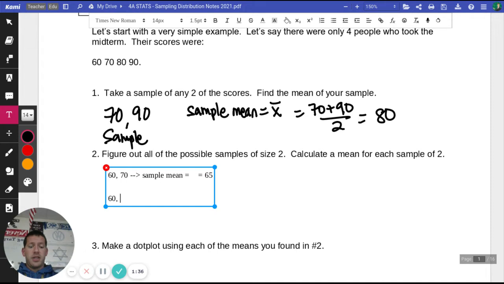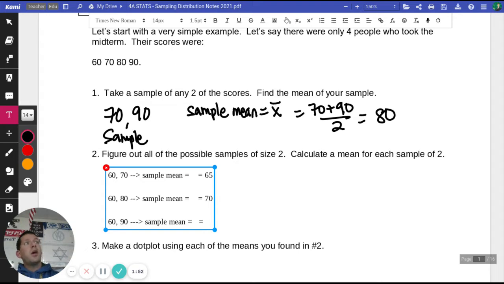We have 60 and 80, which gives us a sample mean of 70. We have 60 and 90, which gives us a sample mean of 75.